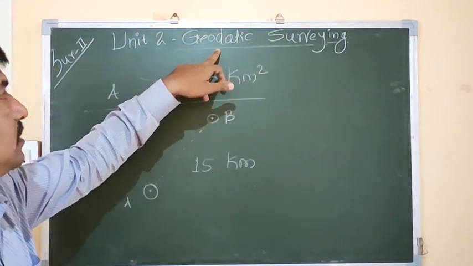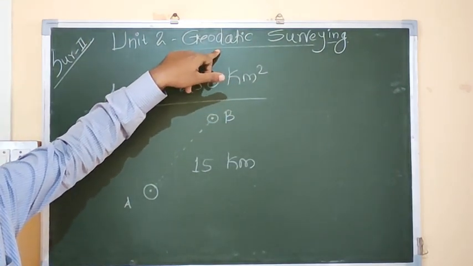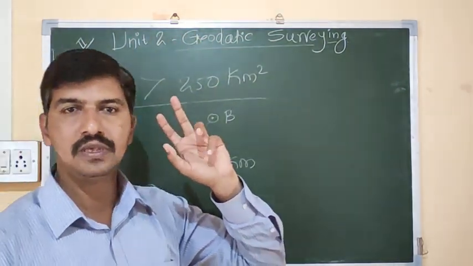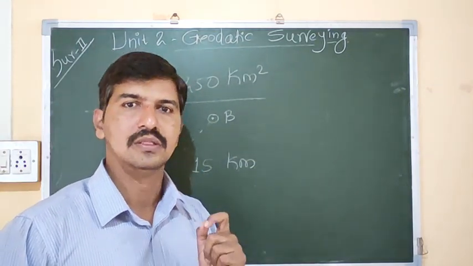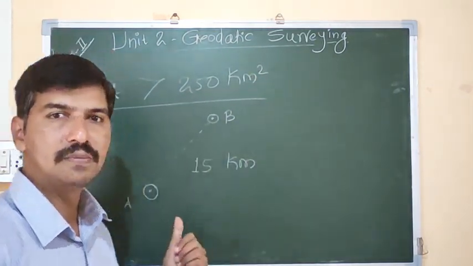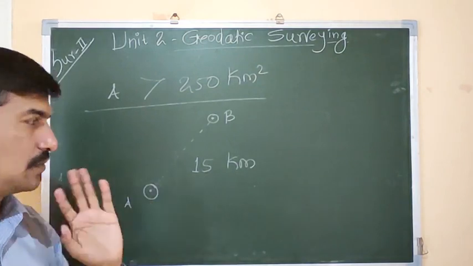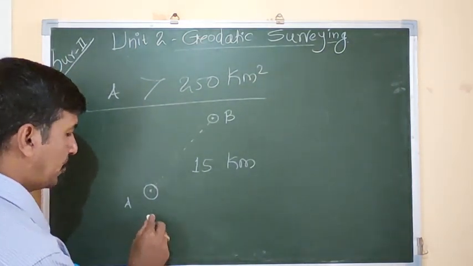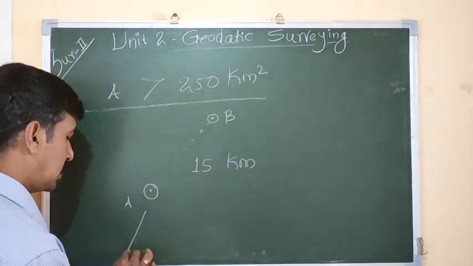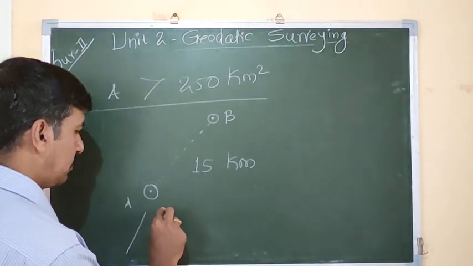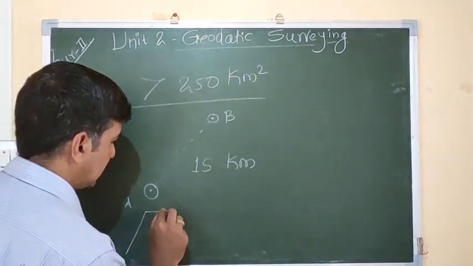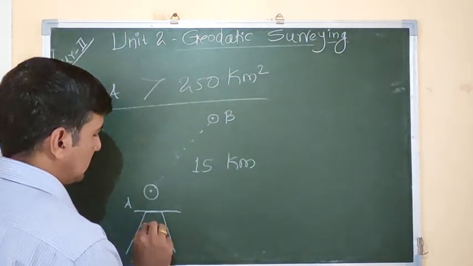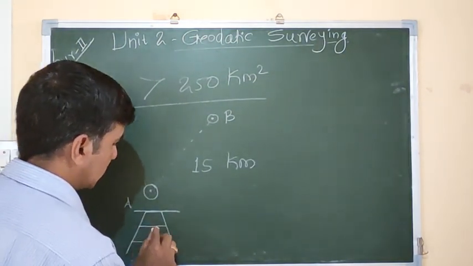But by considering this as a geodetic survey, we may be able to measure the distance between point A and point B. What I will do is, at point A, I will be considering a platform which is called a tower.